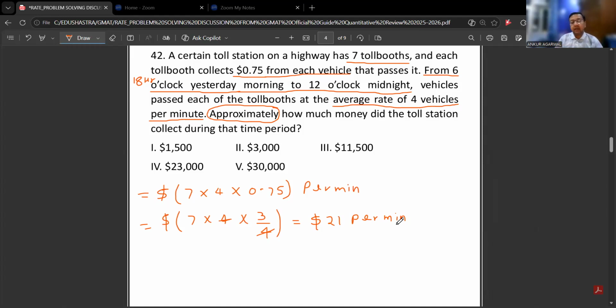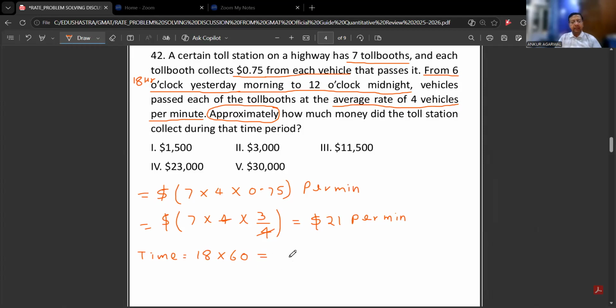Now, how many hours are there? Total 18 hours are there. So what is the time we are having? We are having total 18 hours, and the money value we are having per minute. So converting this into minutes, multiplied with 60.